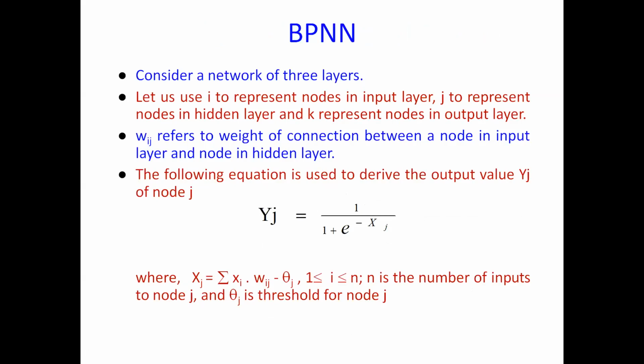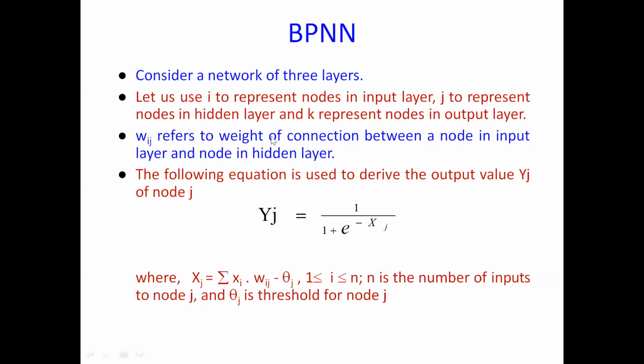So coming to the basic structure of this backpropagation neural network, you can see that this particular network has three layers, as we had in the Hopfield network as well. Obviously, those layers are the input layer, hidden layer, and output layer, right?